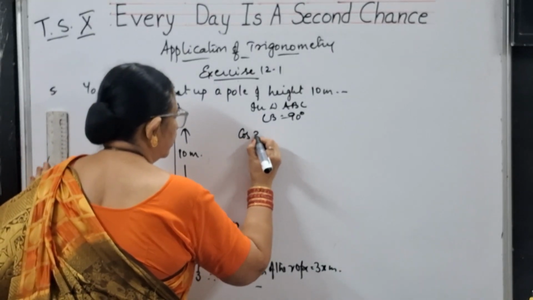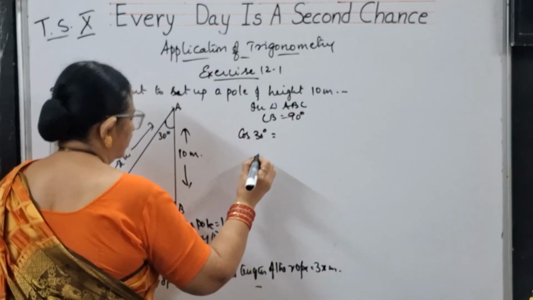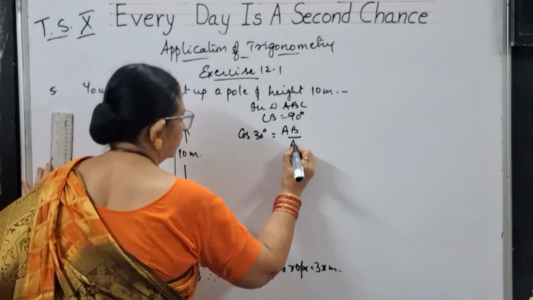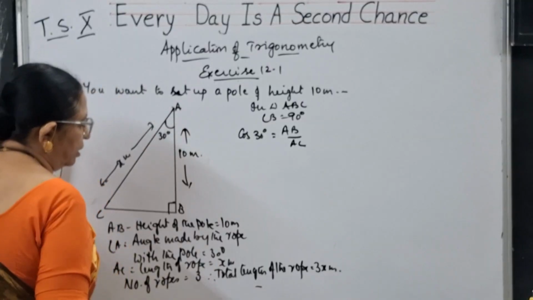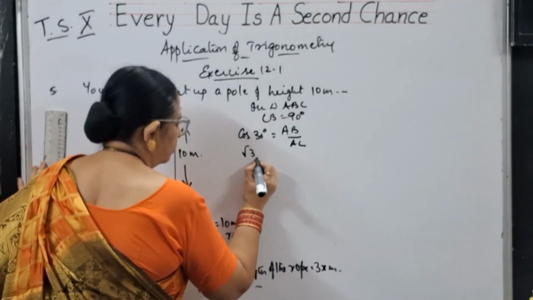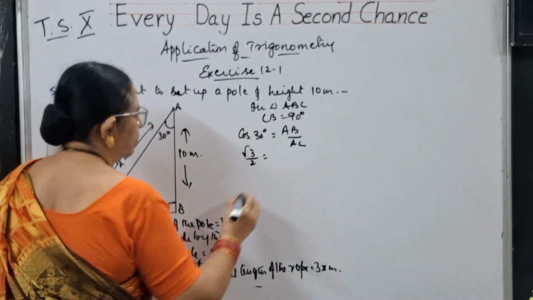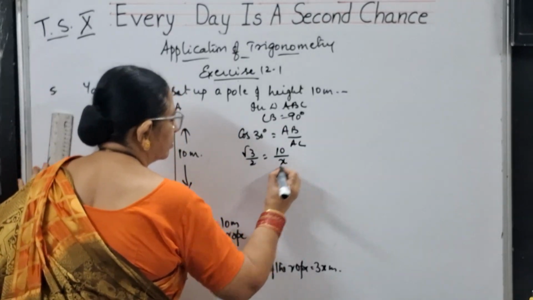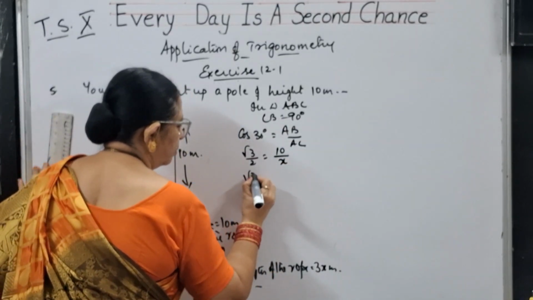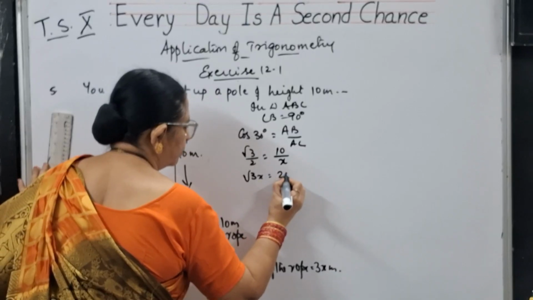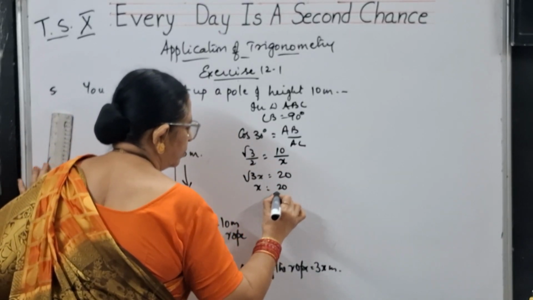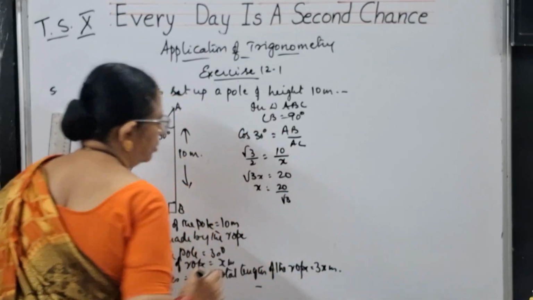So cos 30 degrees is equal to AB by AC. Cos 30 degrees value is root 3 by 2, equal to AB is 10 by AC is x. So root 3 x is equal to 2 into 10. What is x? x is 20 by root 3.